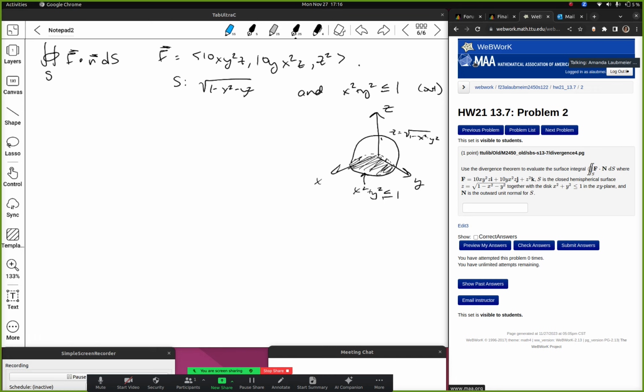Since this surface is closed, we can use the divergence theorem on it. Importantly, we're told that it's outward oriented, which is what the divergence theorem is written for, so we don't have to do any sign swapping at the end.